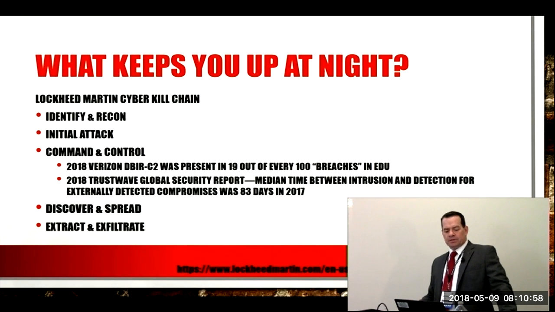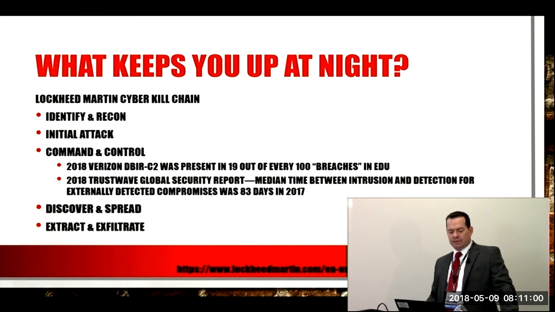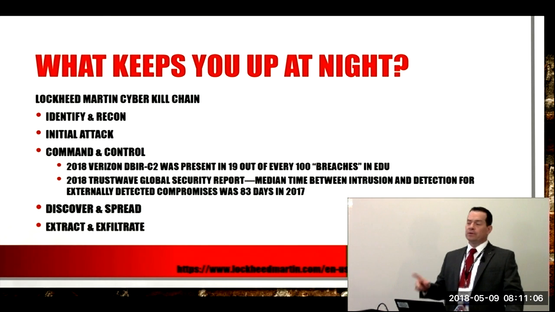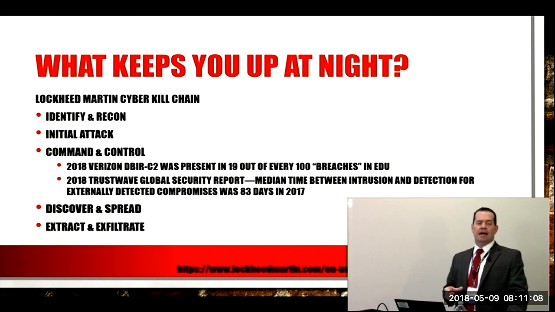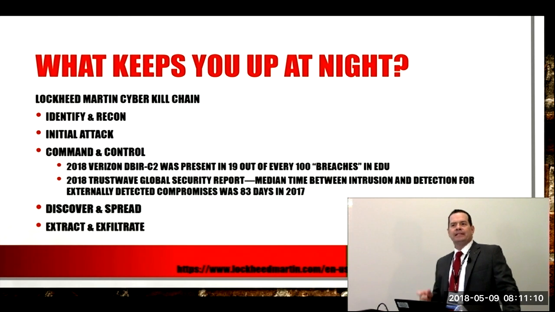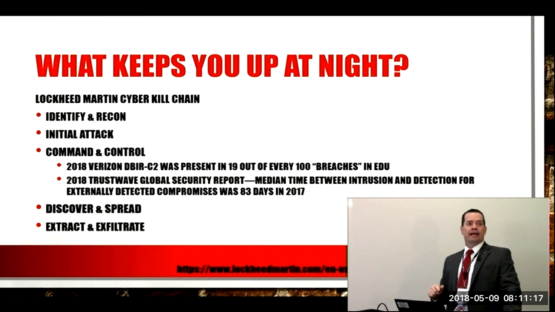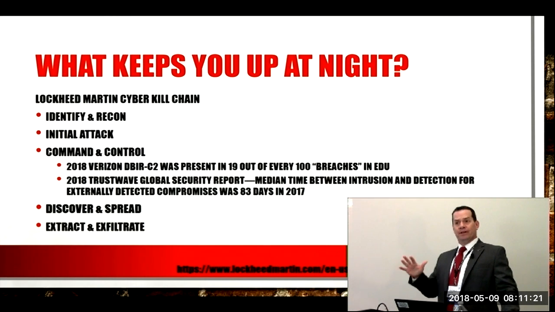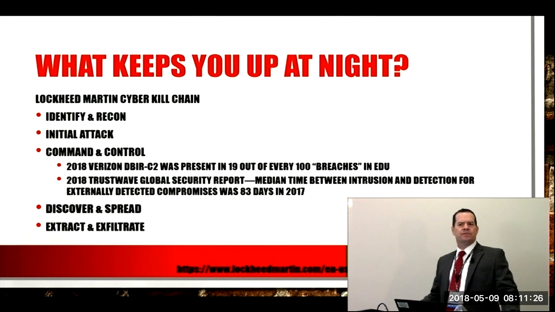Further back this up, the 2018 TrustWave Global Security Report, the median time that an intruder is in your network, if you don't discover it yourself, the median time is 83 days before an outside agency tells you that. Now think about that. So someone's been roaming around inside of my network, on average, 83 days before an outside agency calls me and says, hey, by the way, we think there's someone in your network.